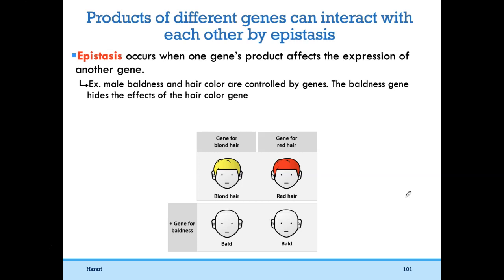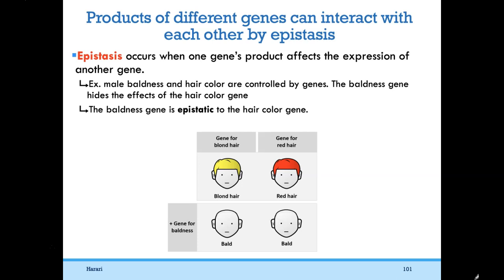Male baldness is controlled by genes. Hair color is also controlled by genes. But these two genes have something to do with each other, right? Because even if I have the gene for blonde hair or the gene for red hair, if I also have the gene for baldness, it will mask the expression of the hair color gene, right? Because if I have the gene for baldness, I'm bald regardless.